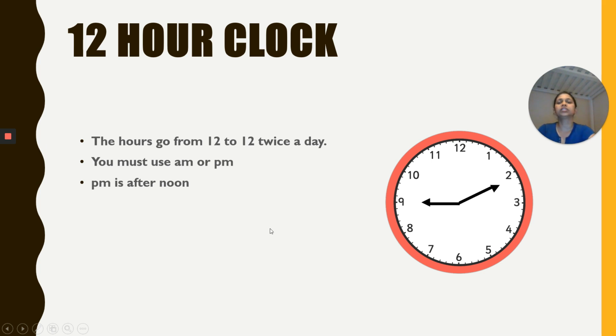When we talk about a 12-hour clock, you must make sure that you use either AM, which is for the morning, or PM, which is afternoon or evening. Your PM will be any time in the evening or afternoon when your time is after 12 o'clock. So if you say 1:30, it will be 1:30 p.m.